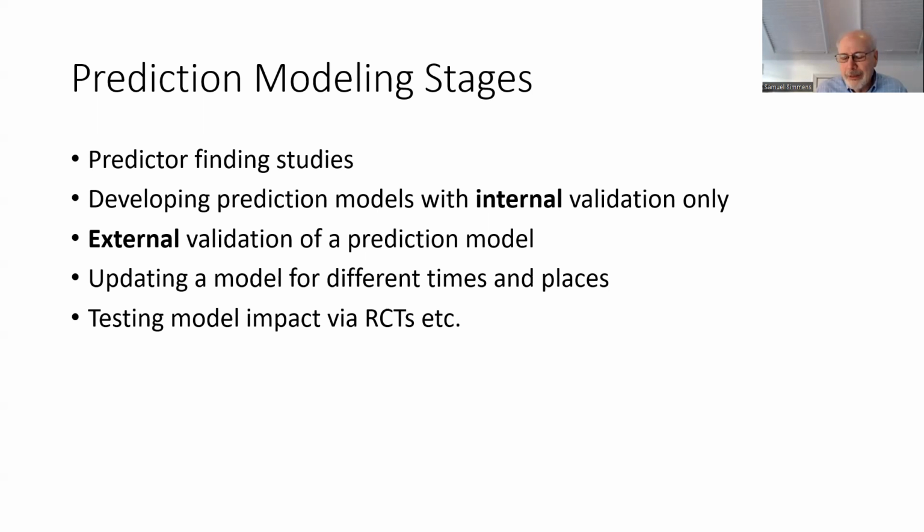By internal validation, it's a little bit technical, you're either dividing your sample into what's called a training data set and a validation data set. So maybe 2/3 of the sample is where you develop the model, and then you see how well it performs in the remaining third. That's the typical way it's done.